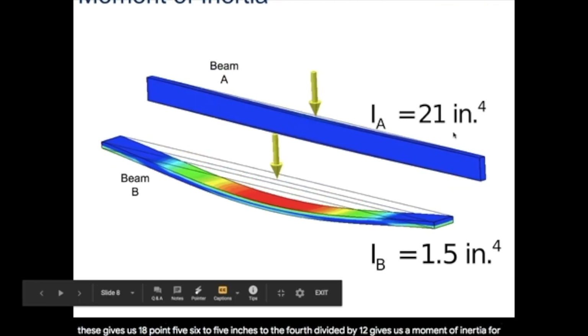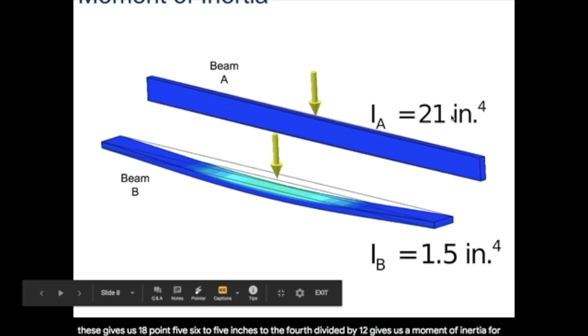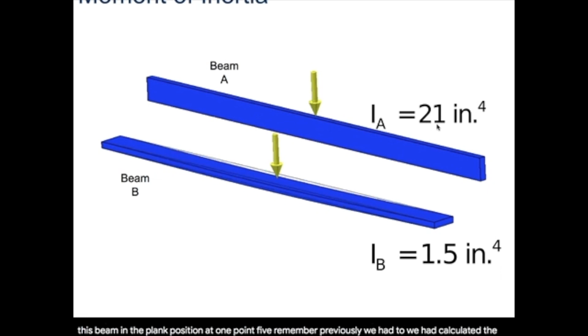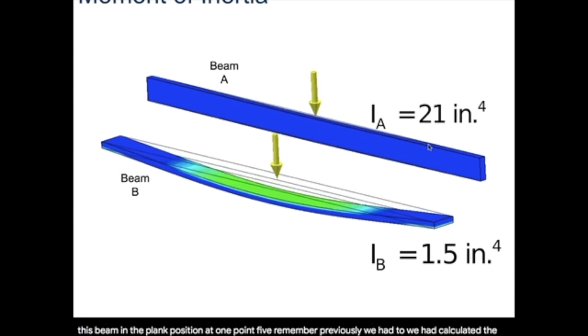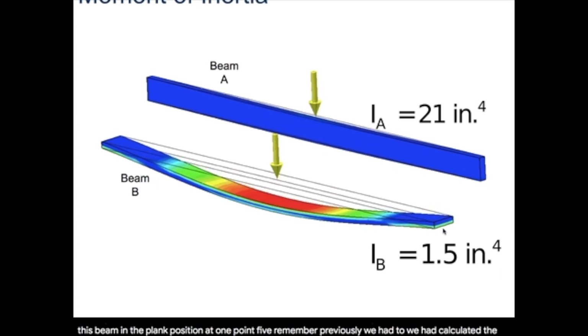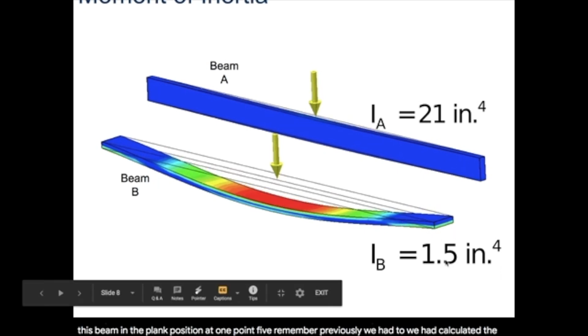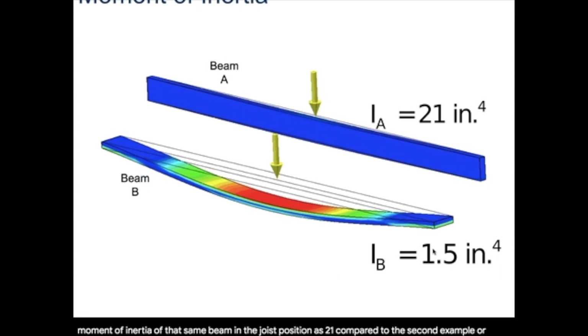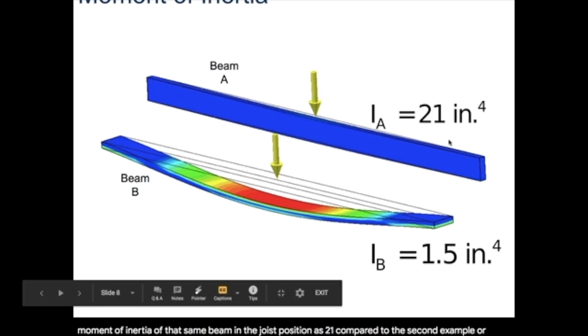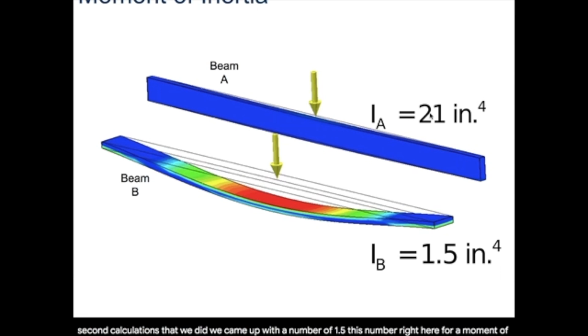Remember previously we had calculated the moment of inertia of that same beam in the joist position as 21, compared to the second calculations that we did, where we came up with a number of 1.5. This number for a moment of inertia just tells you that it's more stiff.